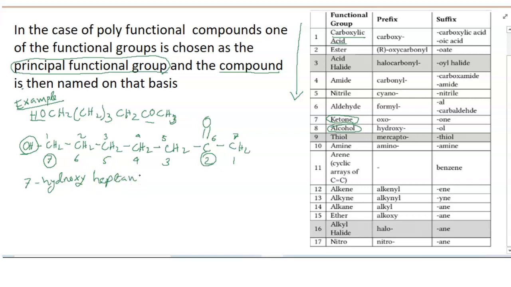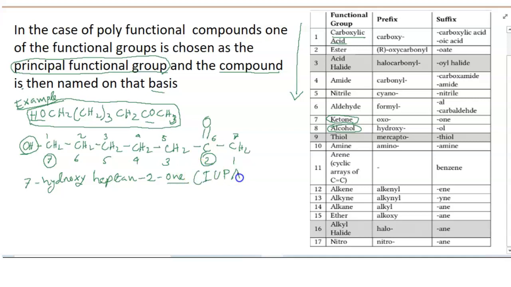Heptane, since there is only single bonds. 2 is the ketone group, so the compound is named on that basis. So 7-hydroxyheptan-2-one is my compound, the total IUPAC name.